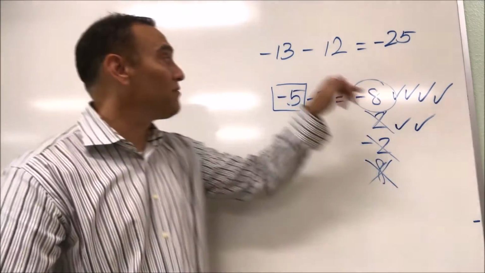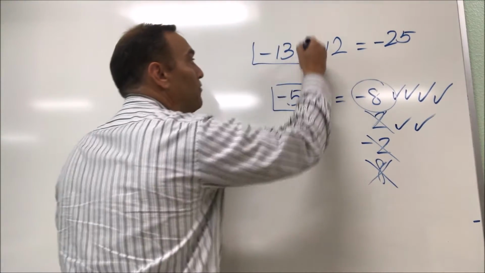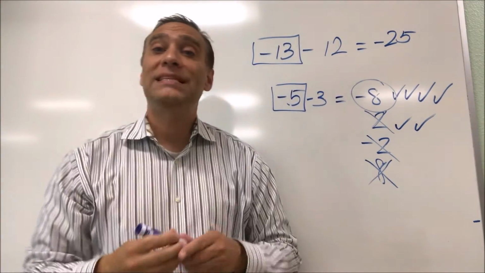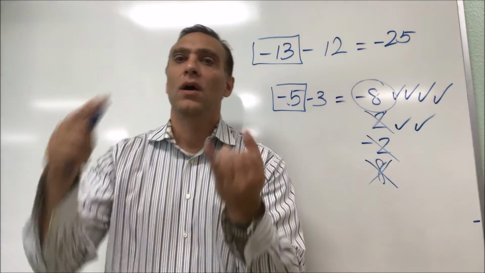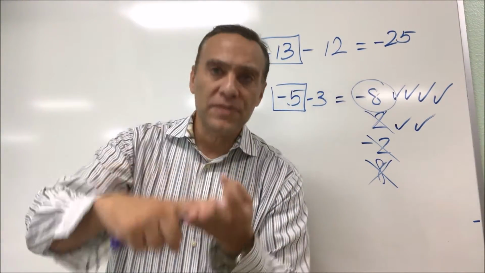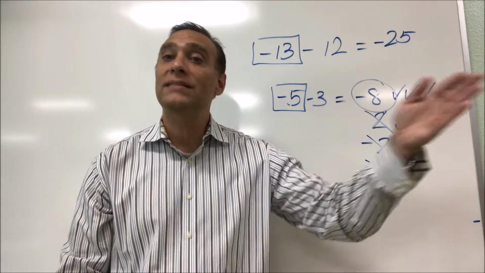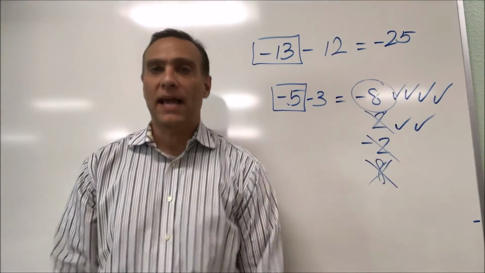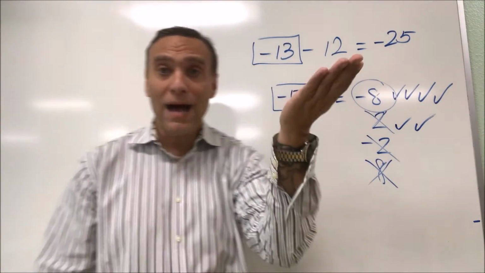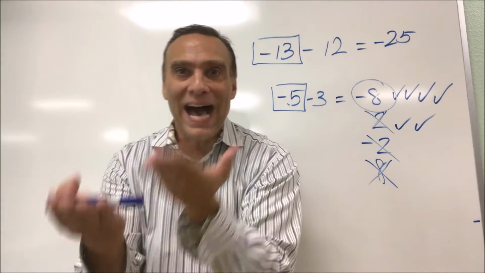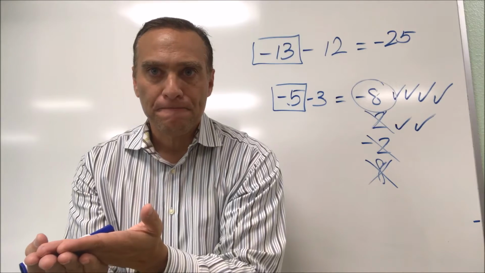So wouldn't it make sense if I'm starting with negative 13 and I'm taking away 12, I'm getting a number that's less. So I got to go negative 14, negative 15, negative 16. I got to go 12 spaces to the left. That's how I get to negative 25. I made a number less, started with an amount, took away, got an answer that's less.